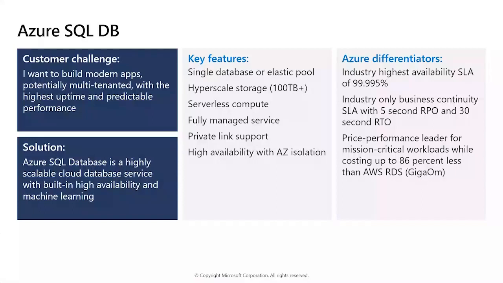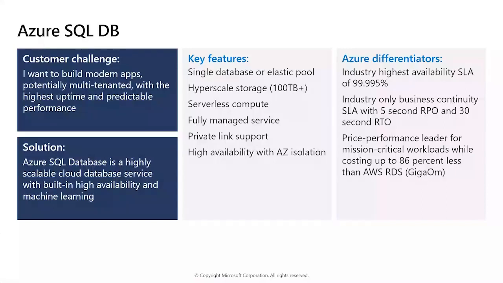Azure SQL Database also comes with advanced threat protection. Advanced threat protection provides advanced security capabilities like vulnerability assessments to help detect and remediate potential security problems with your databases. It can also be used to detect anomalous activities that could indicate unusual or potentially harmful attempts to access or exploit your databases.